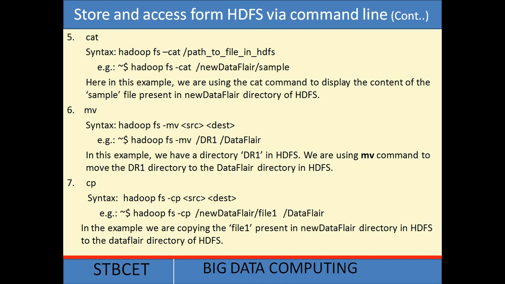Hadoop fs -cp, the path of file 1 as the source file path, and the path of the destination directory where that particular file 1 is to be copied.